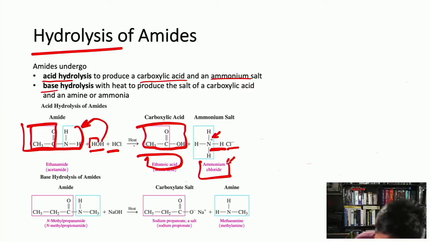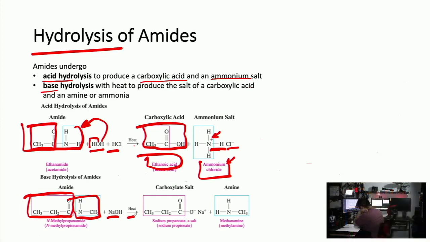Base, very similar, this time we have N-methylpropanamide. So here's the propyl part. And then the N-methyl part is there. We'll add some hydroxide, sodium hydroxide, some heat. And we already know what's going to happen.